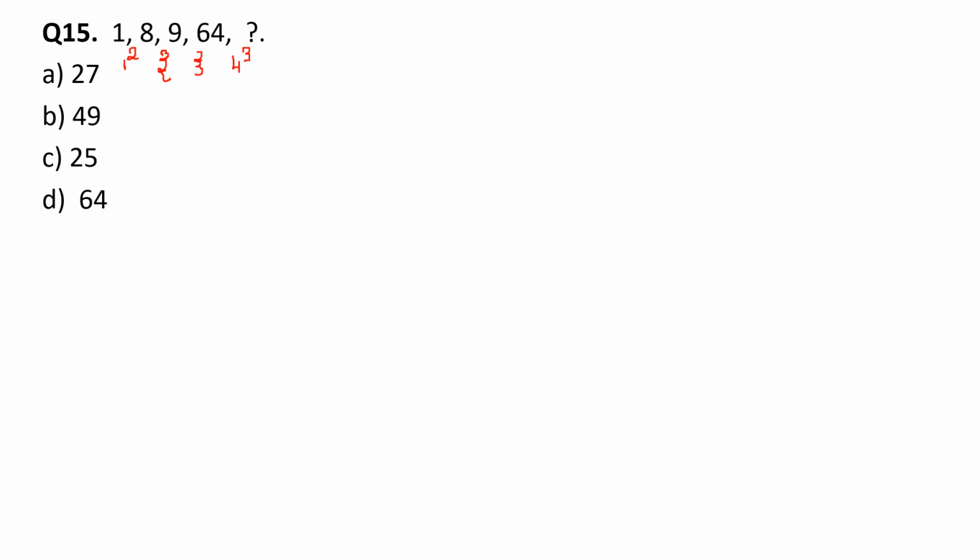So we have 1 square, 2 cube, 3 square, 4 cube. So the next number should be a square number, 5 to the power 2. 5 power 2 is 25. So the correct option is 25.